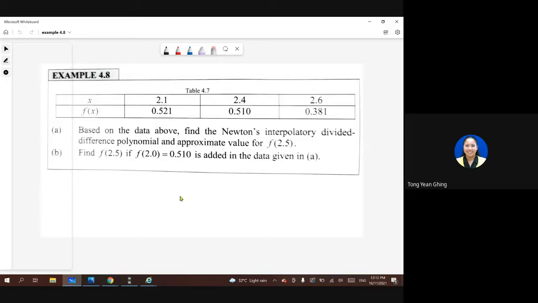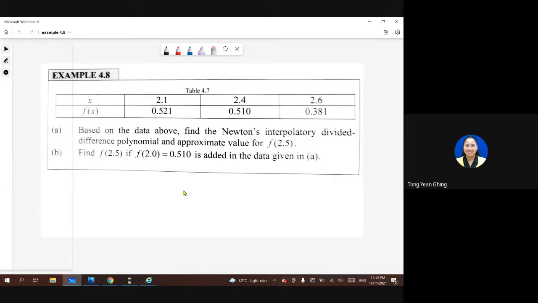So table 4.7. Okay, based on the table data above, find the Newton's interpolatory divided difference polynomial and approximate the value of f when x is equal to 2.5.